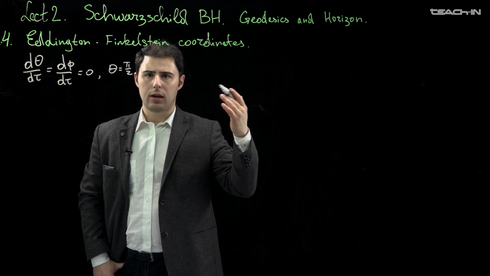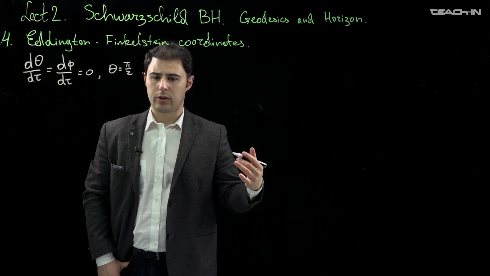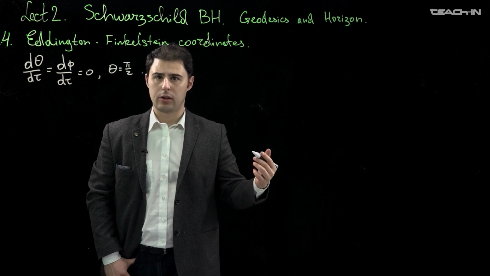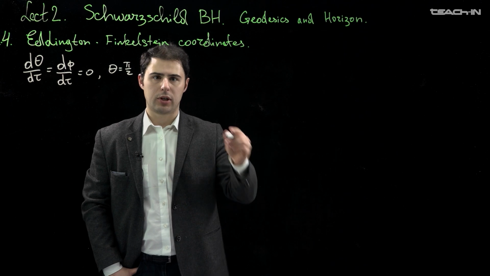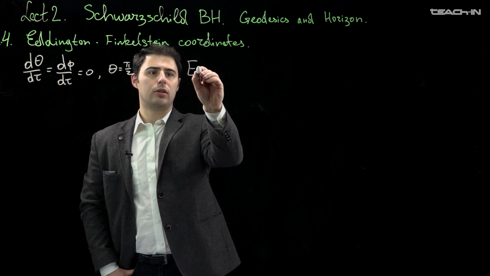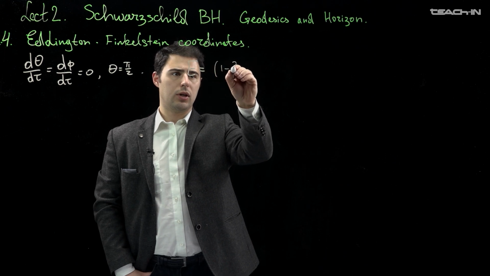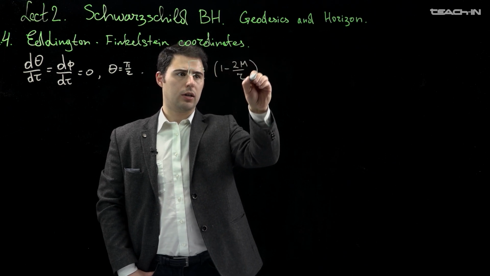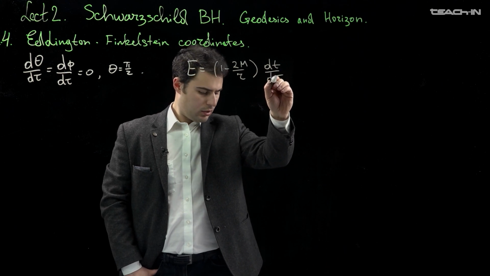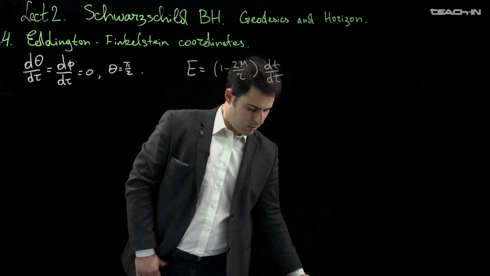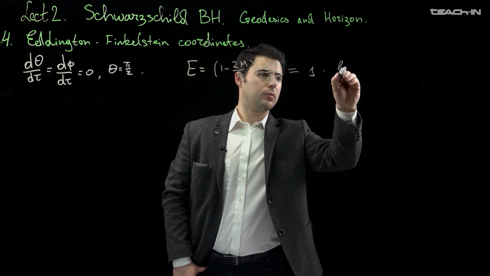So we can rescale the parameter τ such that the energy, (1 minus 2m/r) dt/dτ, equals 1.